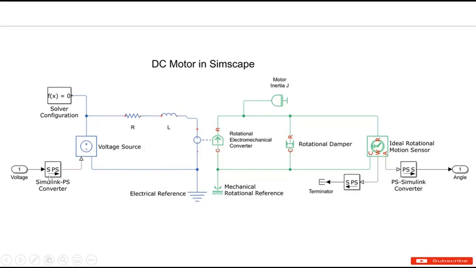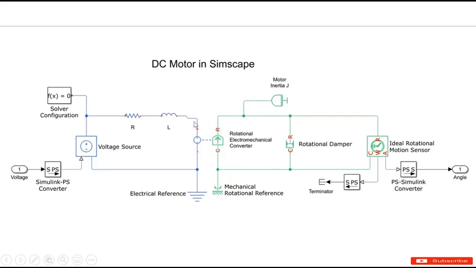You can see there's a voltage source, and that voltage is then given to a circuit with resistors and inductors, and you can see the color difference as well. The blue blocks are the electrical domain blocks, and all the green blocks are the mechanical domain blocks.